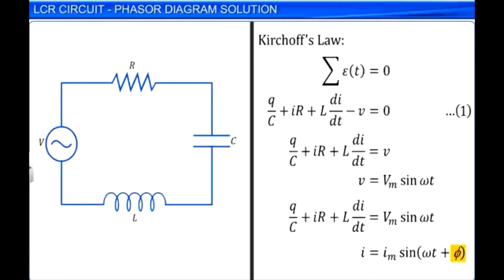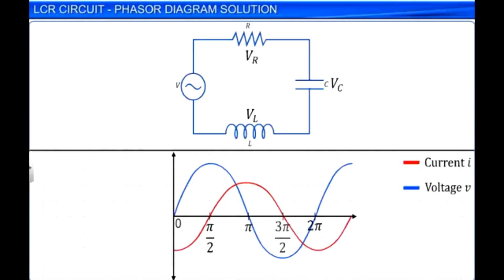Now we will use the phasor approach to find the expression for the instantaneous current I. Let the instantaneous voltages or potential differences across the three circuit components be VL for the inductor, VR for the resistor, and VC for the capacitor. We know that the voltage in the inductor leads the current in the circuit in phase by pi by 2 in a pure inductive circuit.